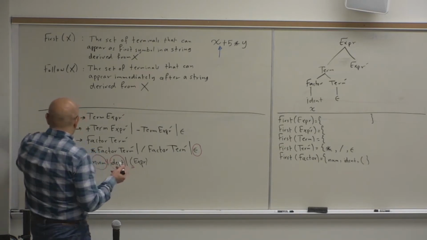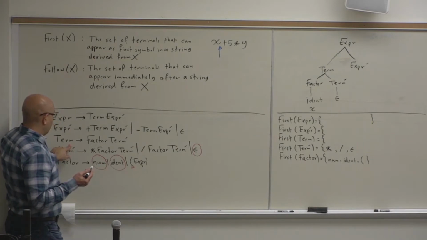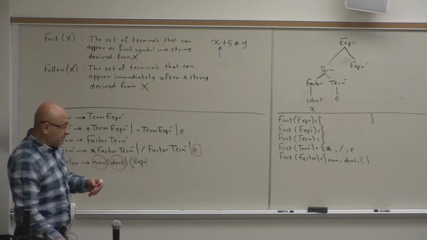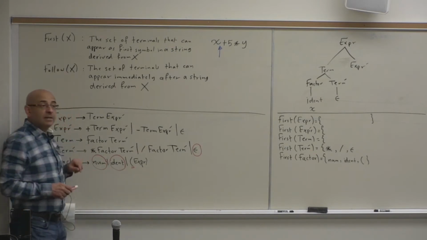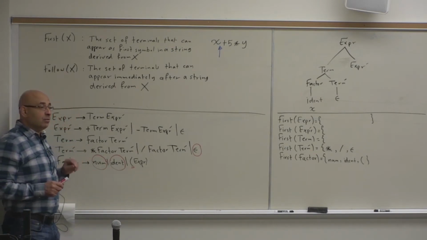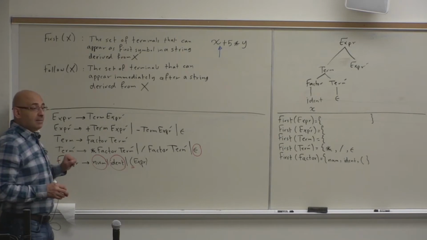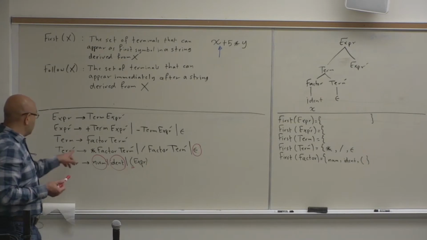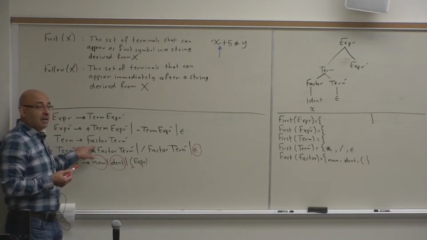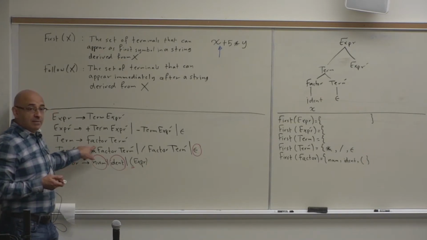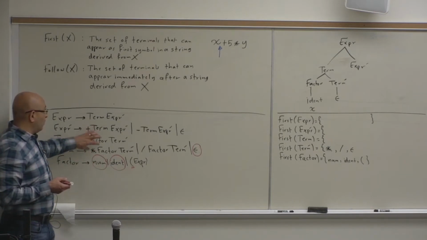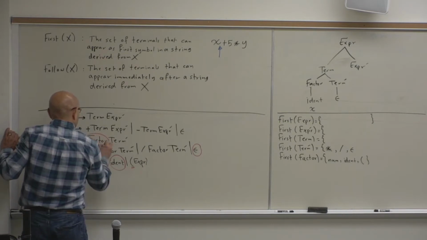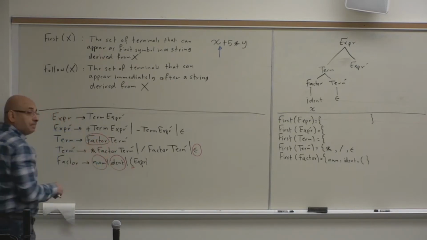Now what about term? We don't see a terminal explicitly in the definition of a term. So where do you think we should look for the terminals that a term can start with? Because here it says a term starts with a factor. Factor is a variable, not a terminal. So we should look for what a term starts with in the start of factor.